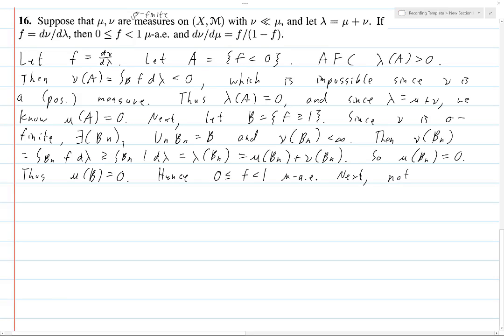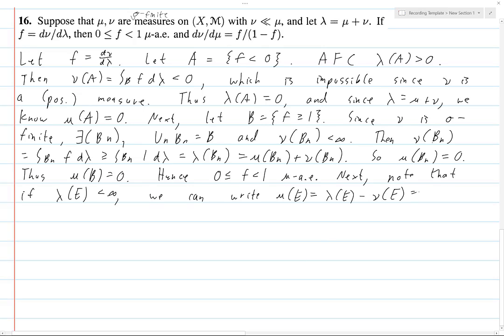Next, note that if lambda E happens to be finite, then we can write mu E equals lambda E minus nu E. When I say we can write this, I mean this is actually defined. This is not going to be infinity minus infinity because lambda E is finite.